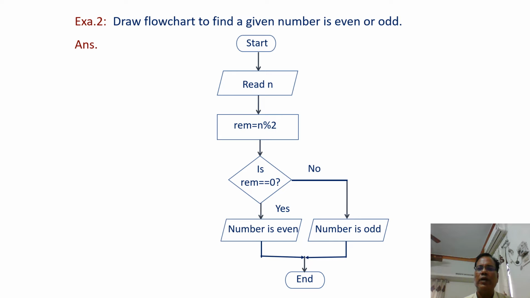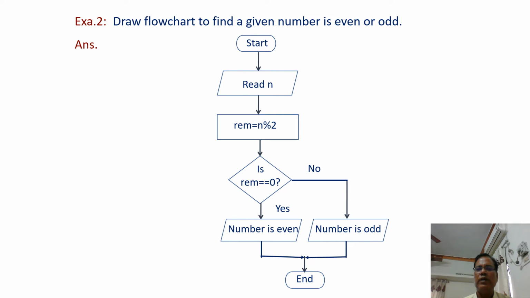Then for reading the number, as it is the input process, it is represented by the parallelogram. Then the process step, when we find the remainder after dividing the number by 2 to test whether the number is even or odd, is represented by the rectangular graphics.